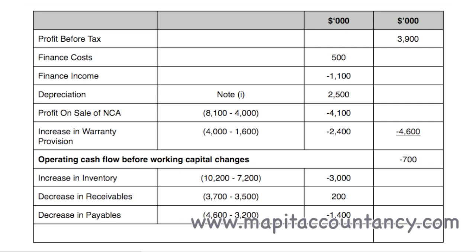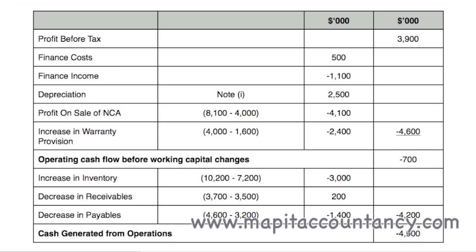So that means that we've had to pay out more cash than last year. So our decrease in payables will tie up more cash. So that means that taking that total, we can say that our cash generated from operations was negative. It's a deficit of 4,900. So that's our cash generated from operations.